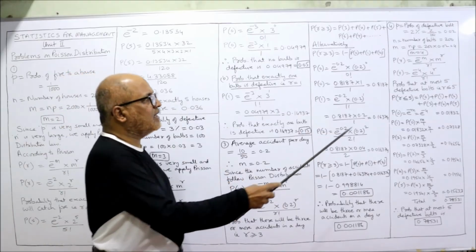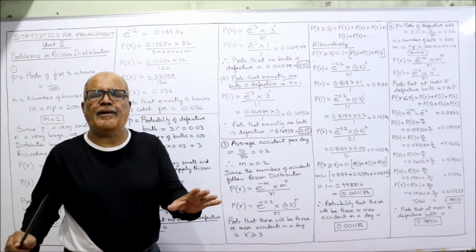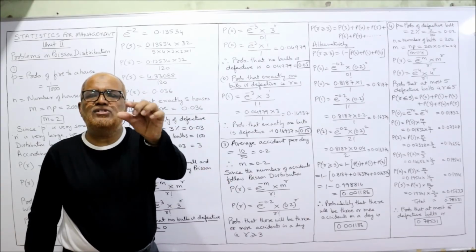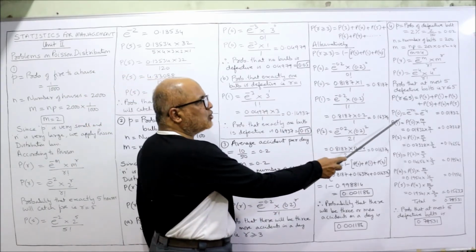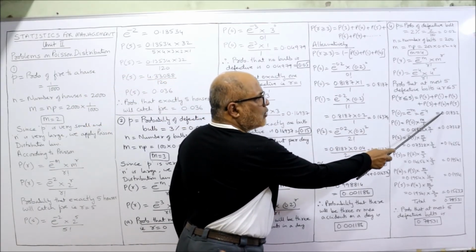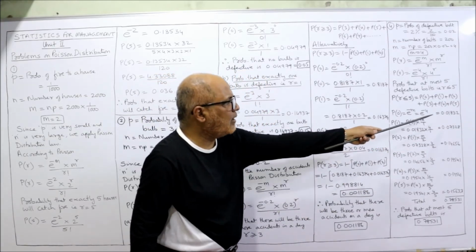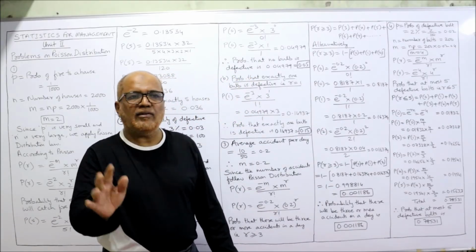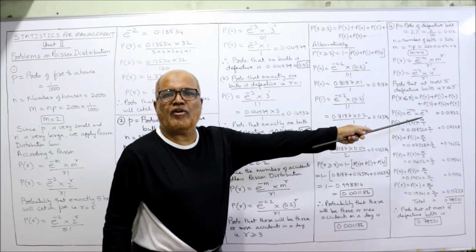The shortcut method is P of 0 is equal to e to the power of minus m. Simply don't apply the formula. Simply remember P of 0 is equal to e to the power of minus m, and e to the power of minus 4 is 0.01832. In the table, if you refer, 0.01832.